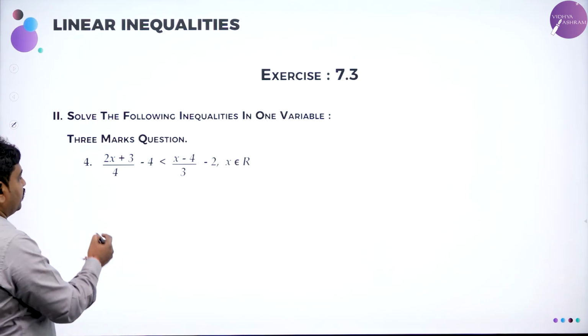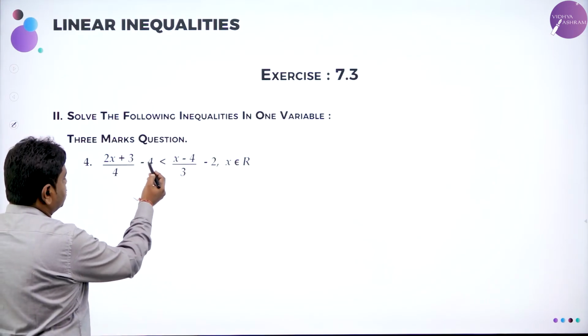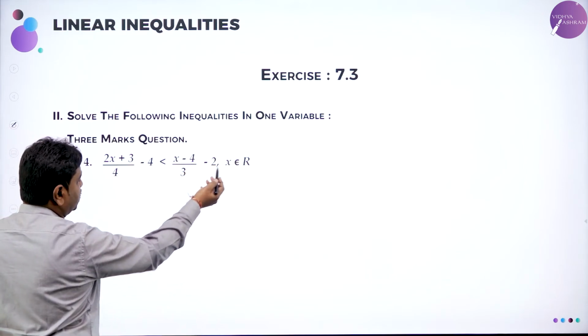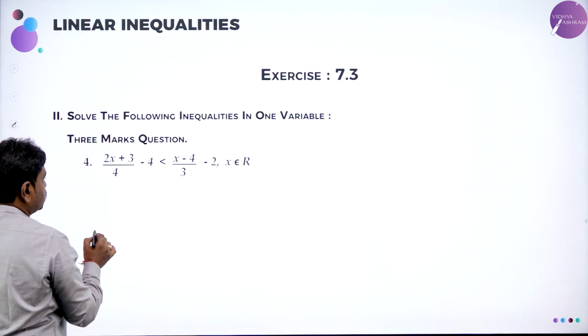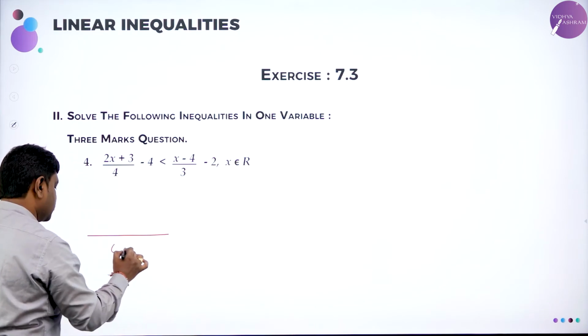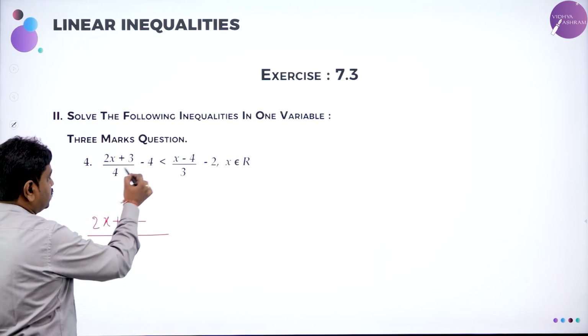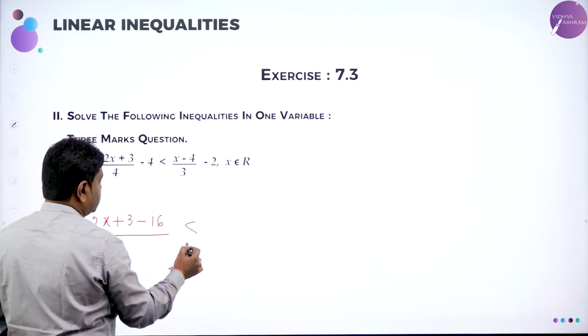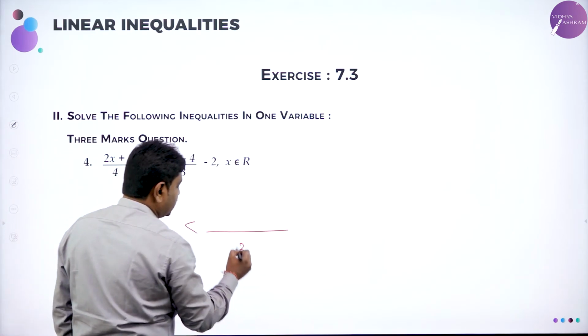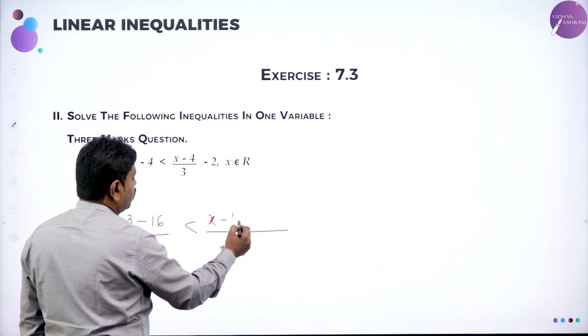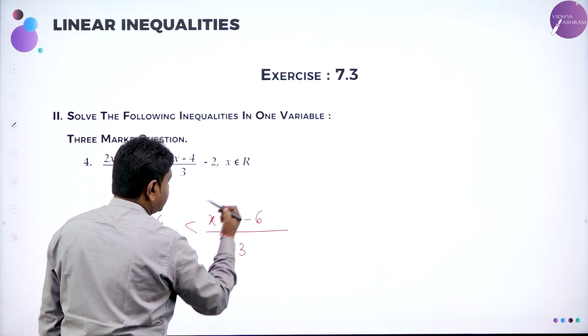Next, same way: (2x plus 3) by 4 minus 4 less than (x minus 4) by 3 minus 2, x belongs to real numbers. Now for the LHS, take the LCM, 4 is the LCM: 2x plus 3 minus 4 into 4 is 16, less than, again take the LCM, 3 is the LCM: x minus 4 minus 2, 3 is a 6.